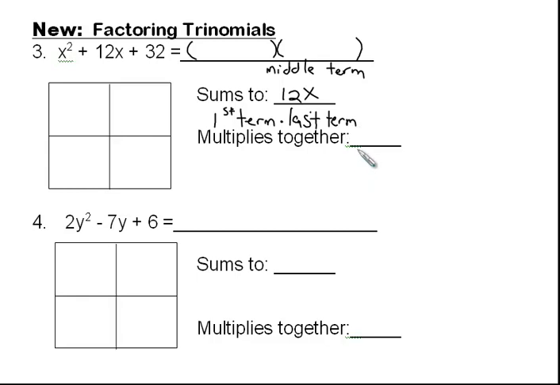Okay, so in this case, that's 32. x squared times 32 would give me 32x squared. Okay, so factors of 32.